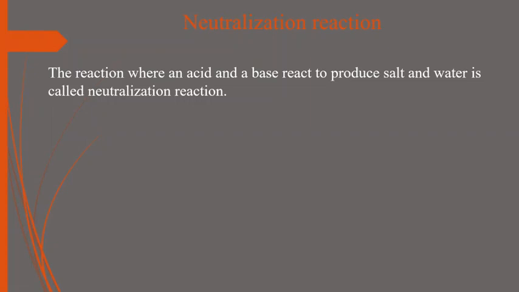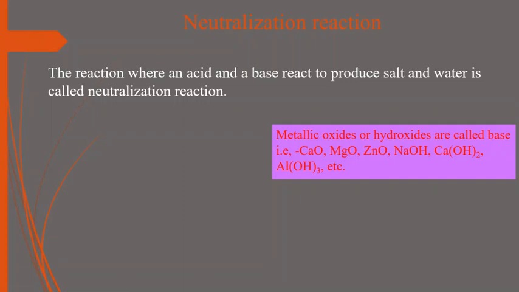Any metallic oxides or hydroxides: calcium oxide, calcium hydroxide, magnesium oxide, magnesium hydroxide, zinc oxide, zinc hydroxide, sodium oxide, sodium hydroxide, aluminium oxide, aluminium hydroxide, etc. This type of oxides or hydroxides are called bases.